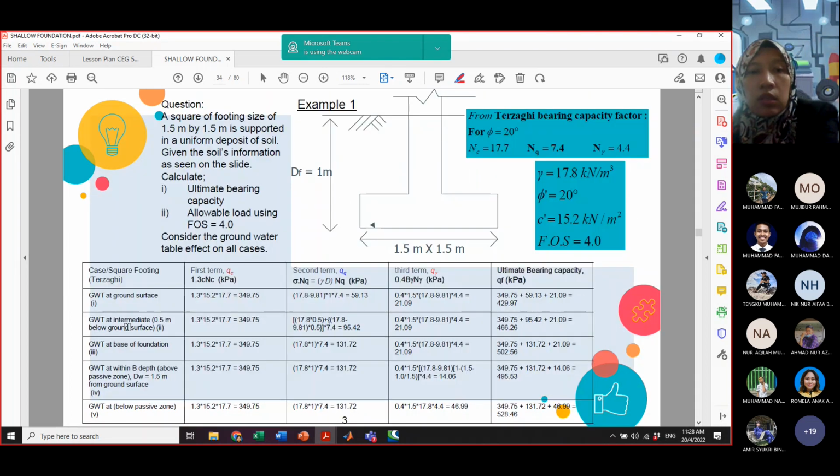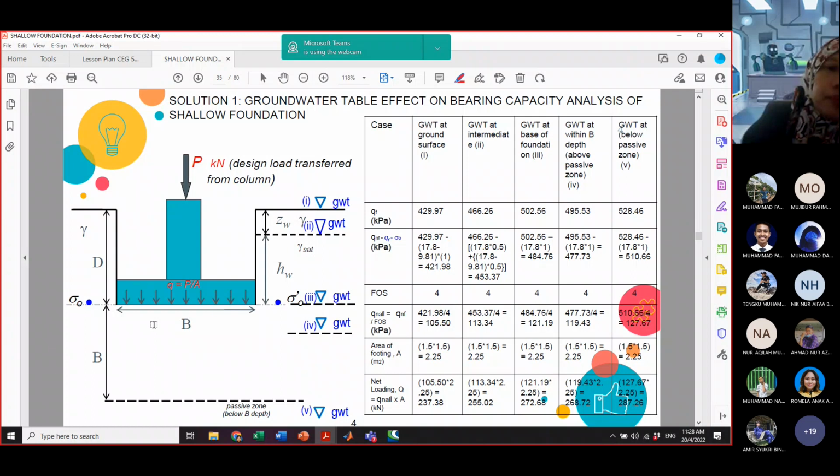And then the next question asks you the allowable capacity of this footing for FOS sama dengan 4. Okay, dalam case ni kita dah calculate QF kan, so kita keluarkan semua value untuk 5 cases. Kemudian kita kena kira net ultimate bearing capacity.